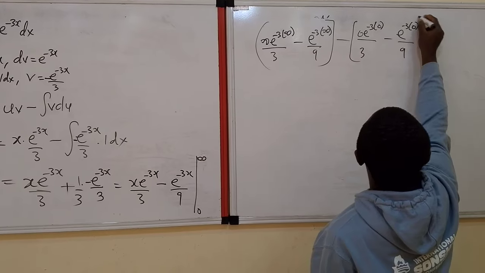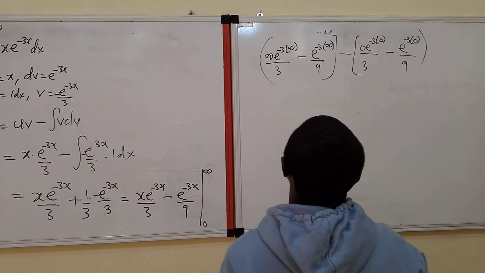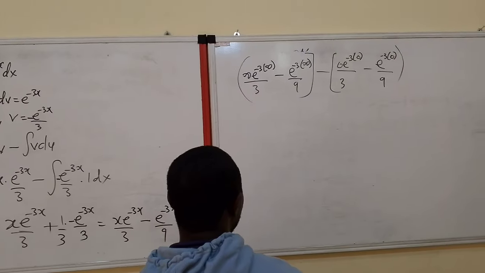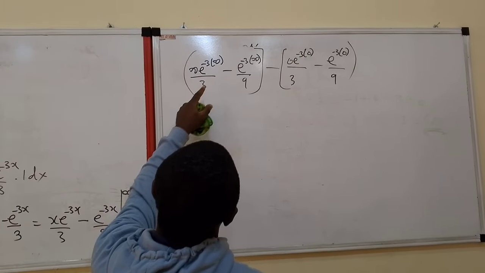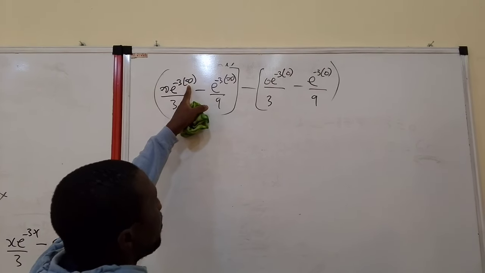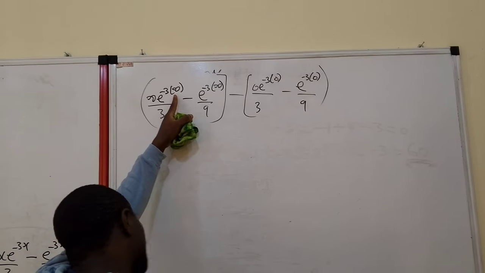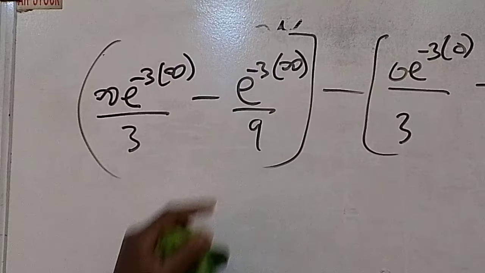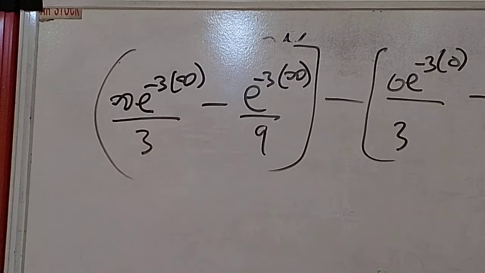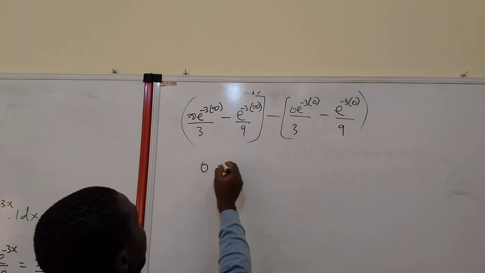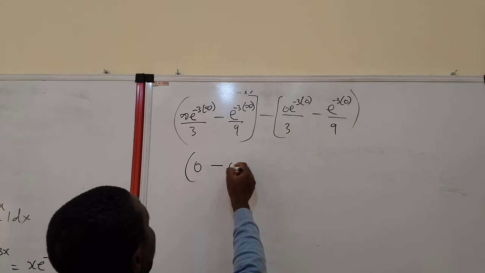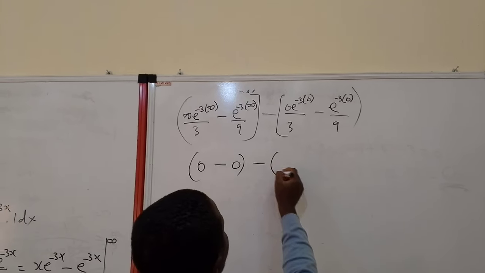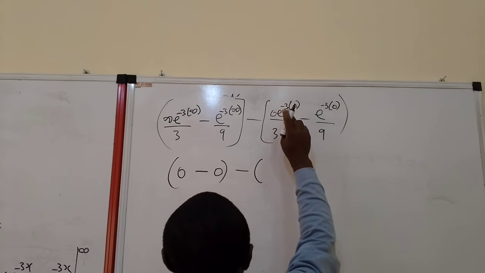So now what you need to know is that minus 3 times infinity is still infinity. Exponential of negative infinity is 0. So the whole of this expression is 0 minus 0. Then 0 times this is 0 over 3 is 0.